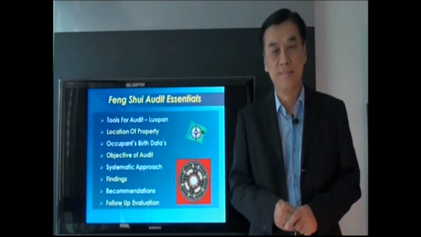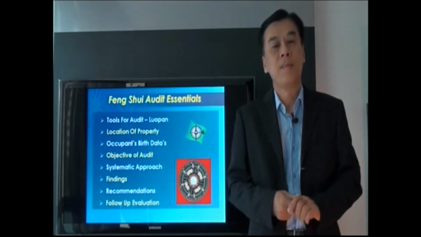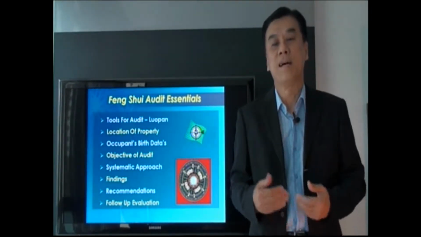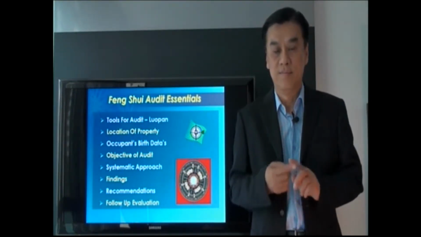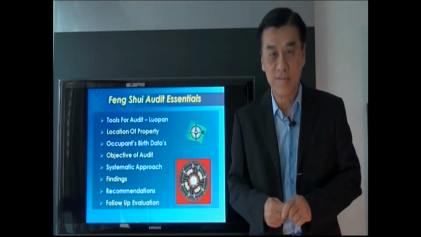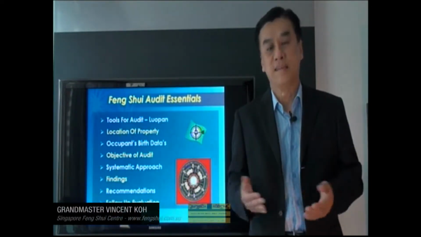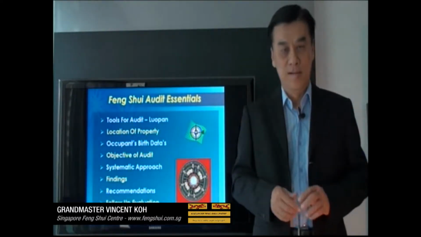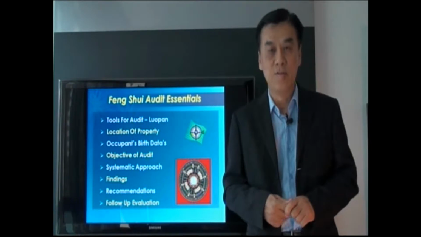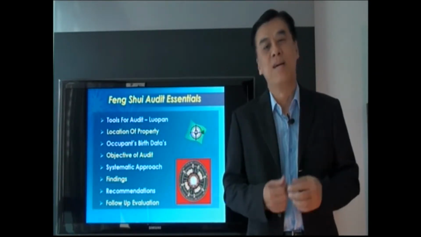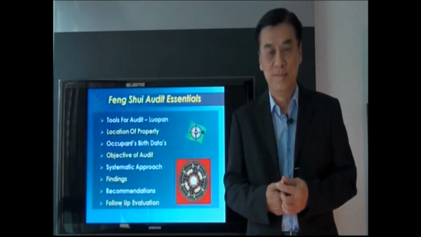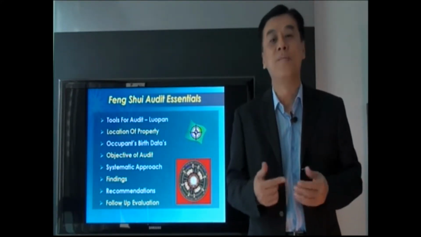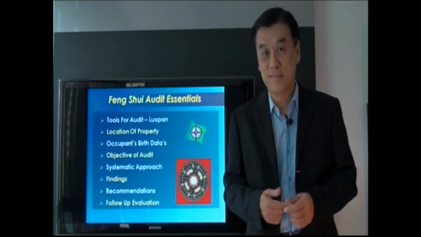I will show you how to carry out a systematic approach when you are doing a Feng Shui audit. First, when you receive a request from your client to carry out a Feng Shui audit, the first thing you must find out is what is the objective. What does the client want you to do? In most cases, usually the clients will have relationship problems, or they may have children who cannot perform well in their studies.